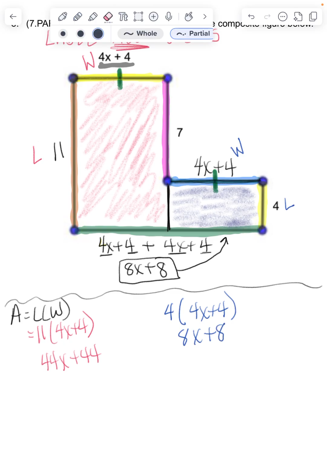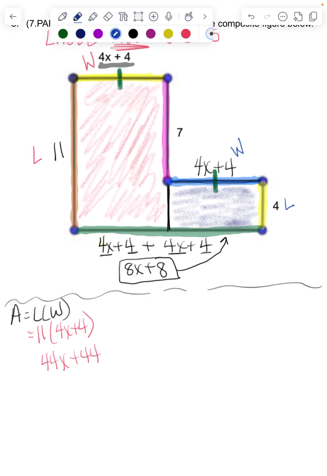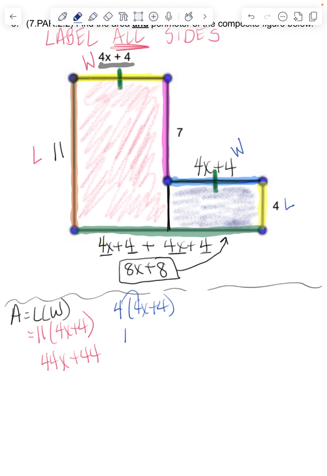Let me move that over just a little bit so I can have enough room. 4 times 4x plus 4. When I distribute, I get, and I did it wrong, 16x plus 16. So now I did it right. I did it wrong to start with. I added those instead of multiplying them. Look how easy that is to do.